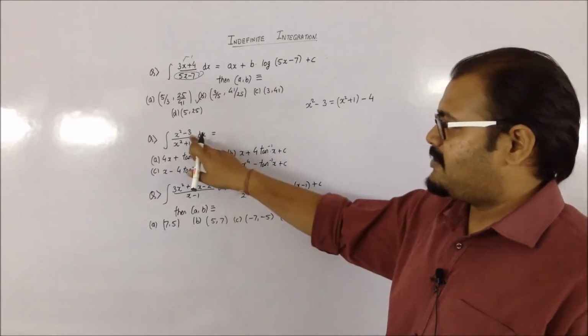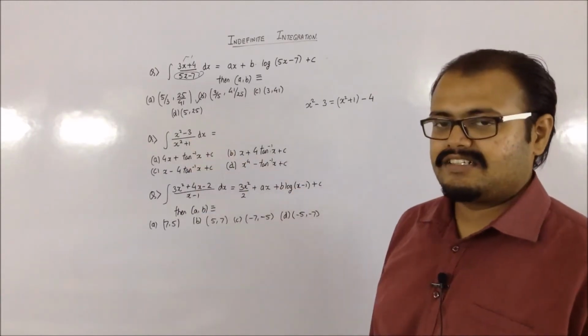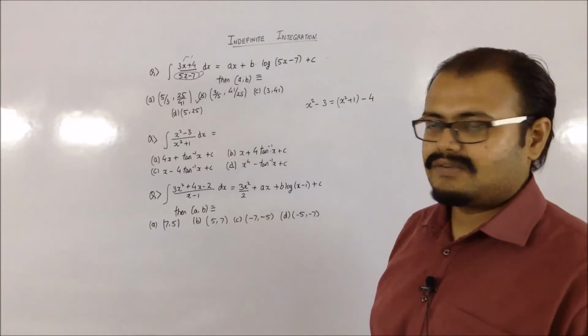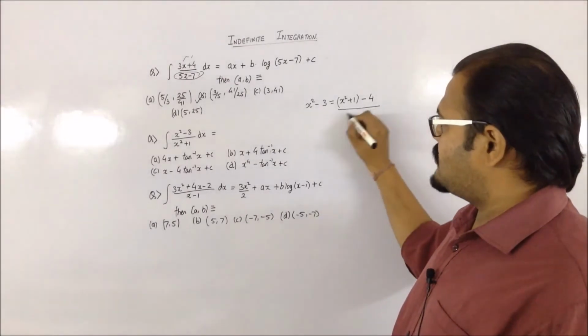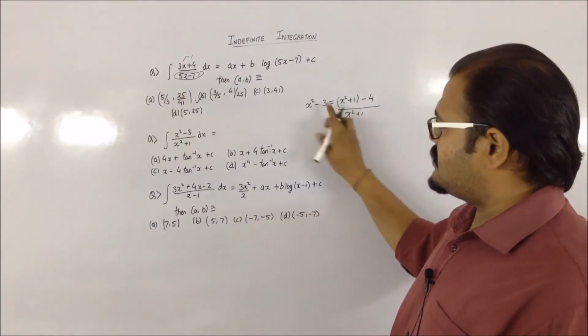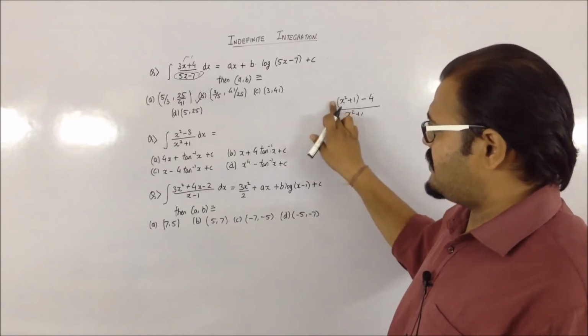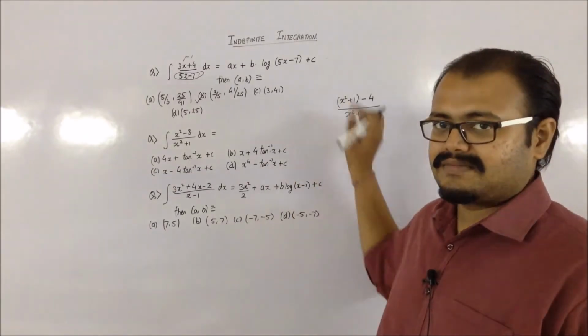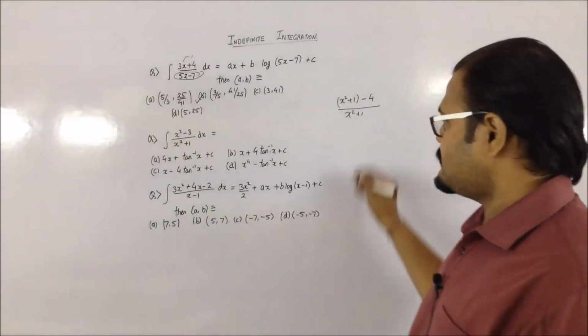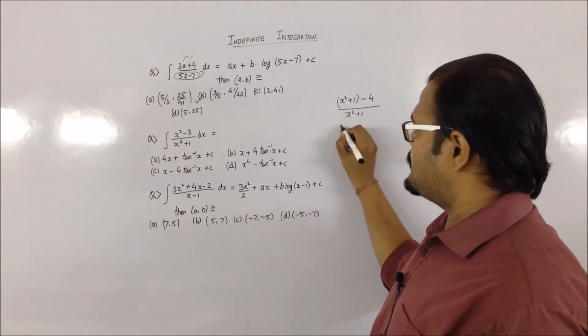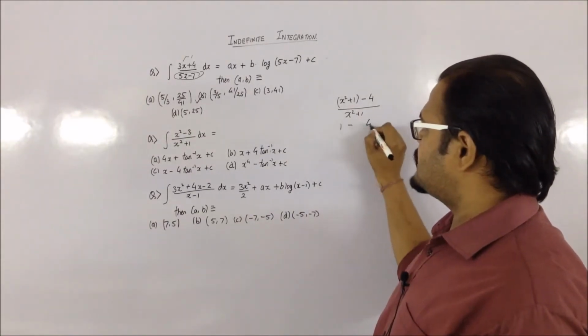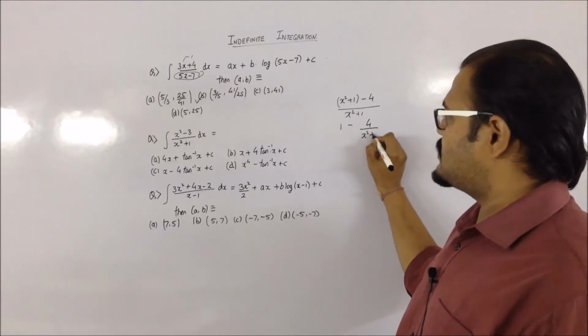So you try to make this numerator in terms of denominator, that is the whole thing you have to do. So now dividing this by x square plus 1, because you have replaced your x square minus 3 with this particular thing. So now splitting this up, it will be 1 minus 4 divided by x square plus 1.